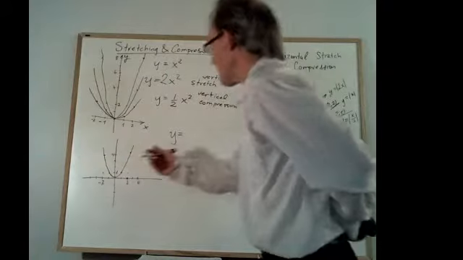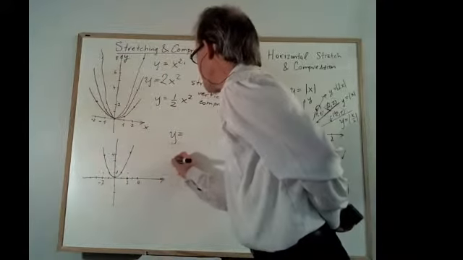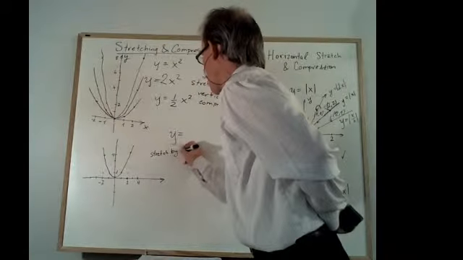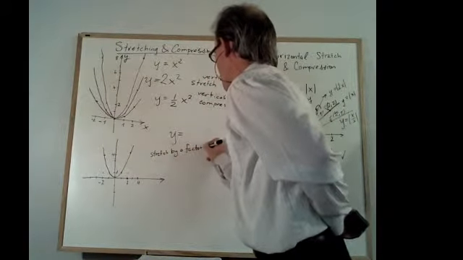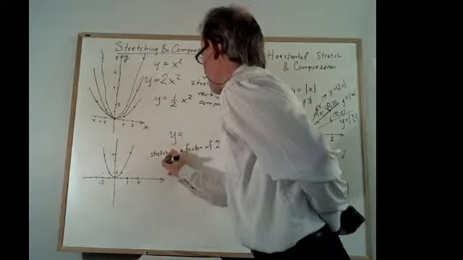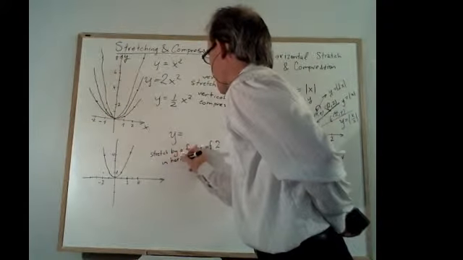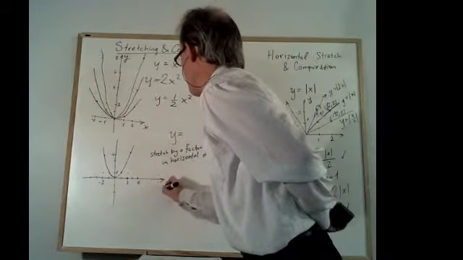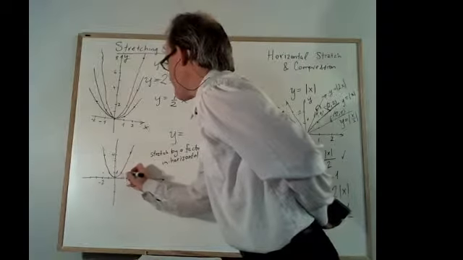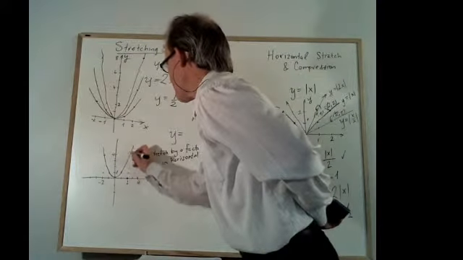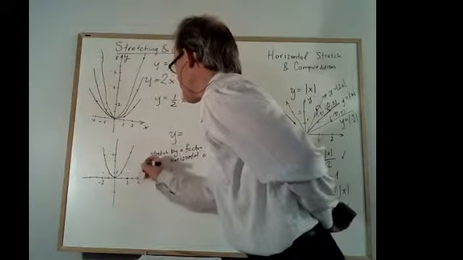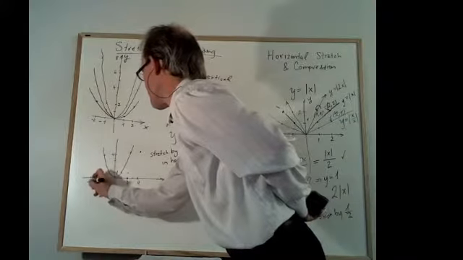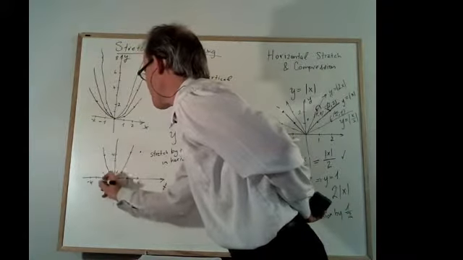Then the stretched function in the horizontal direction, okay, you take 1 and you stretch it, it goes to 2. You take the x value at this point, it's 2, and you stretch it to 4. So it looks like this. And minus 1 goes to minus 2, minus 2 goes to minus 4.